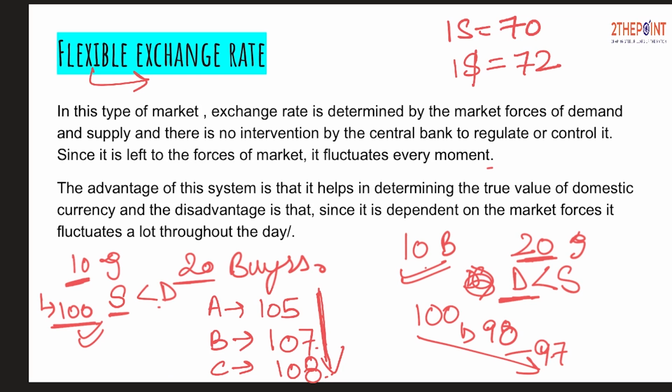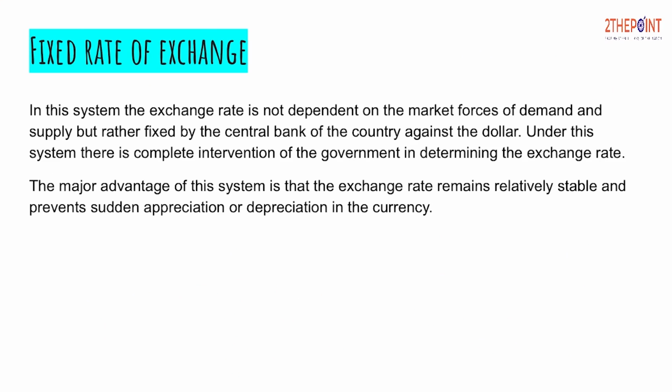Or even after 10 minutes you will realize that the dollar has become more expensive, and now to buy 1 unit of dollar you have to spend 72.5 rupees. So in this system there is no intervention, and the market keeps on fluctuating totally because it is dependent upon demand and supply.